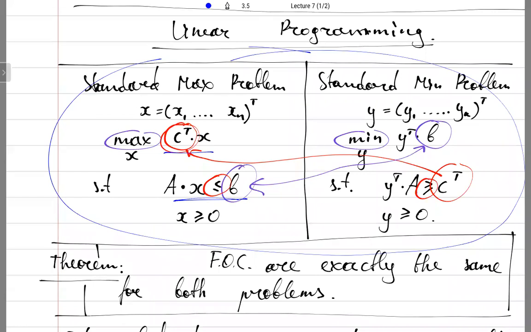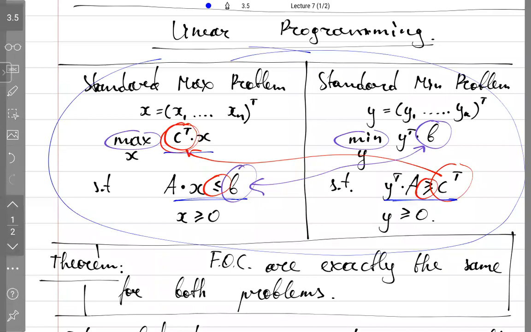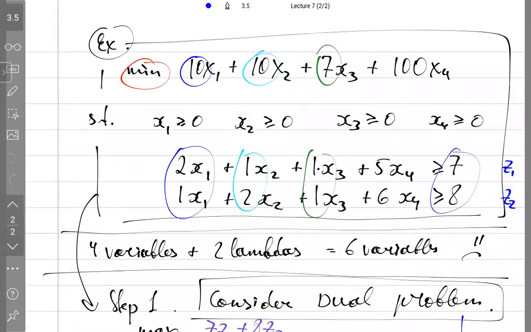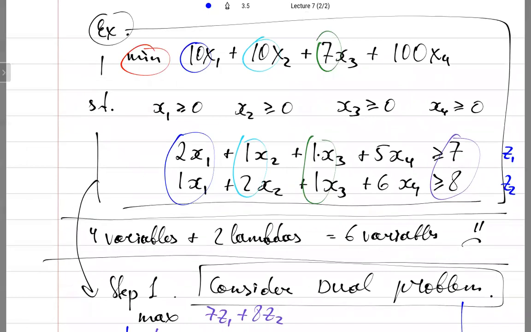Or maybe your problem is a minimization problem, but inequalities are not like that. So first standardize your minimization problem and then go to the dual. Maybe we will consider an example of how to standardize, but for the moment, let us continue because our problem was standardized from the beginning. So we have found the dual problem.